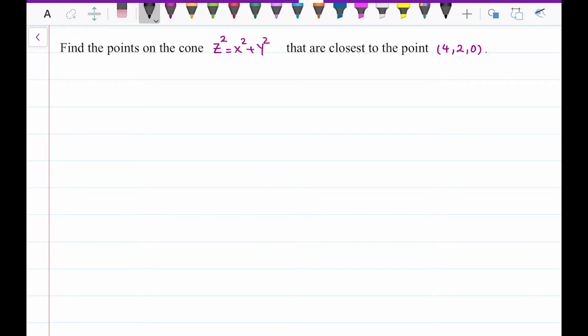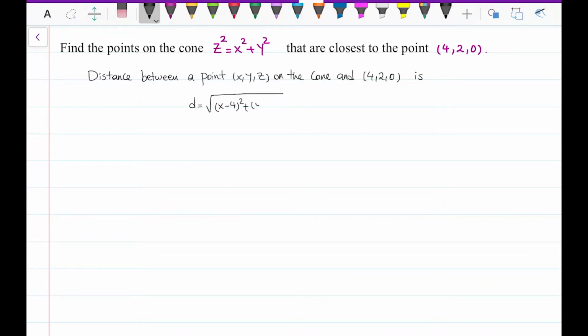I'm going to start by writing the formula. The distance between a point (x, y, z) on the cone and the point (4, 2, 0) has this formula.